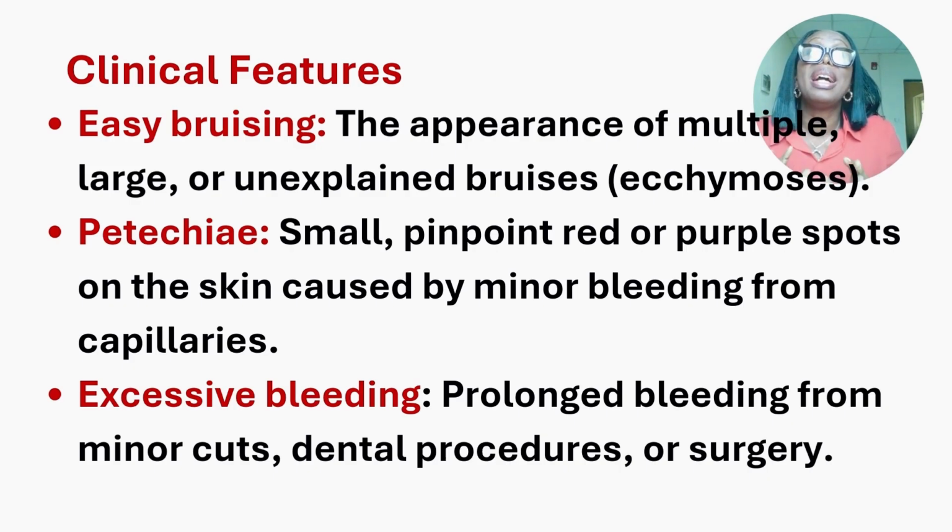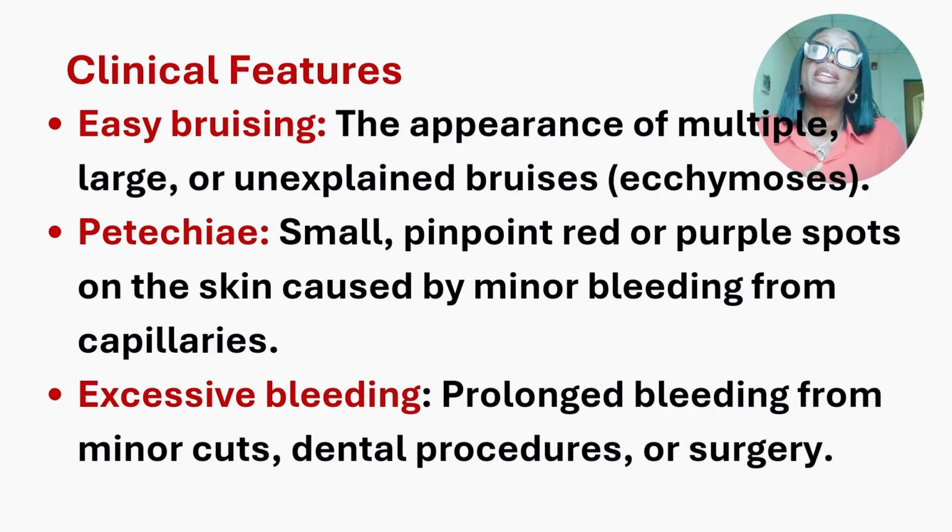One example is easy bruising, the appearance of multiple large and unexplained bruises, what we call ecchymosis. You just pass a chair, and next thing you see him bruising everywhere. That easy bruising can be a sign of a bleeding disorder.